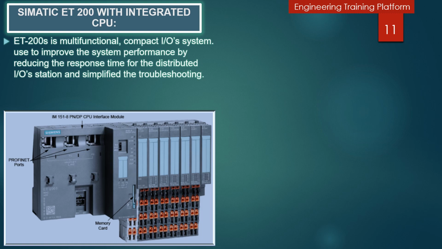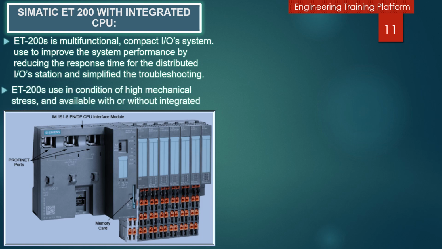SIMATIC ET200S is a multifunctional, highly modular compact I/O system. It is used in conditions of high mechanical stress. Interface modules for this system are available in standard and fail-safe designs, with or without an integrated CPU.